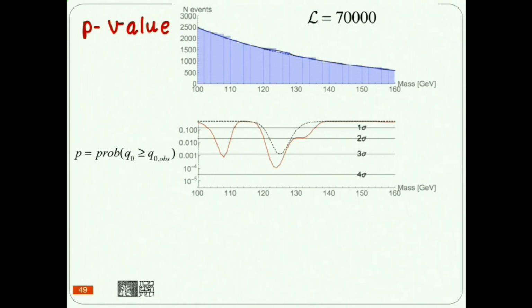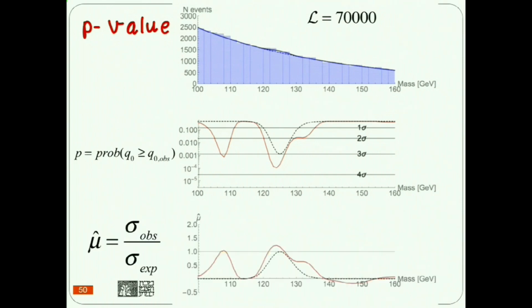I just want to show you that even though I generate a background only experiment here, actually, no, we generated here signal plus background. We generated a signal at 125 plus background. You might just get, by chance, fluctuations anywhere in the mass range, but this is something we'll talk about tomorrow, because this is the look elsewhere effect.